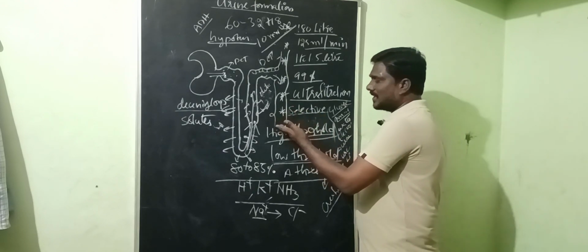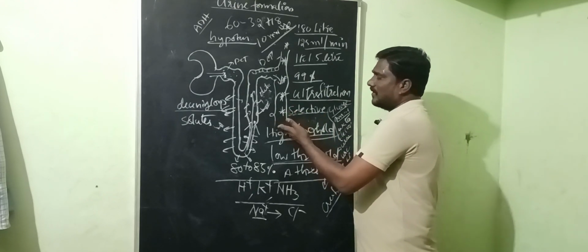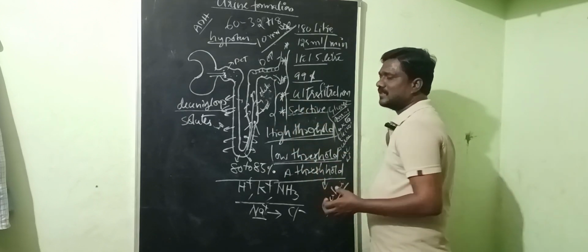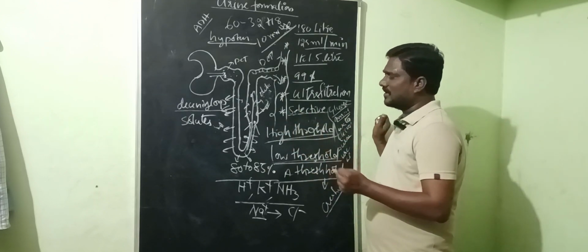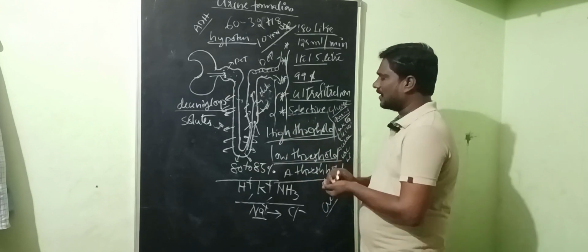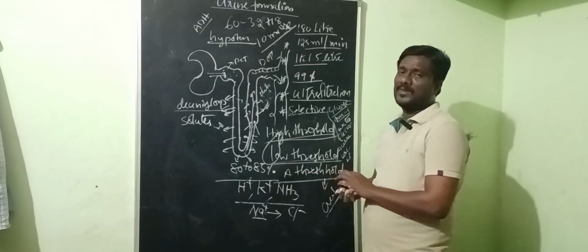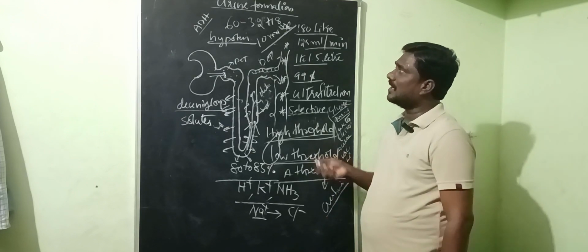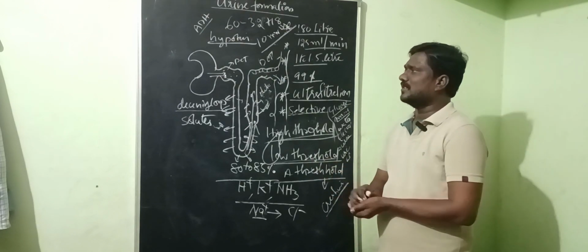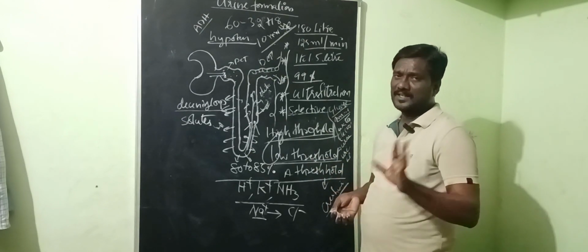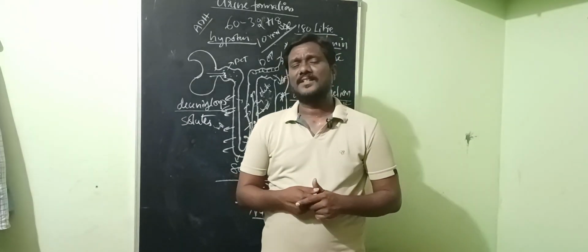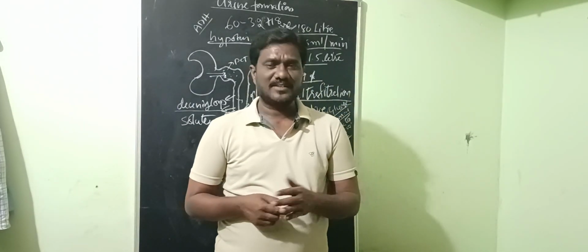In the collecting duct, by the ADH or vasopressin, the remaining excess water is reabsorbed. After that, the concentrated urine is sent into the urinary bladder through the urethra. This is the urine formation process. Nearly per day, our kidneys filter 180 liters of blood.